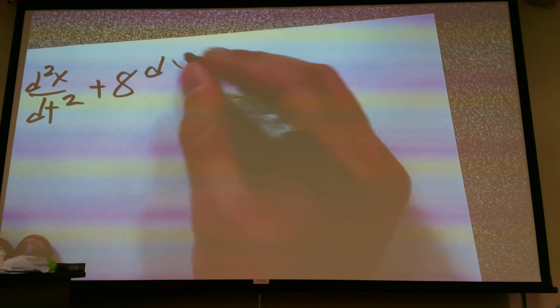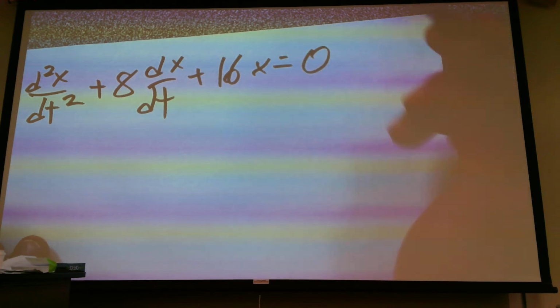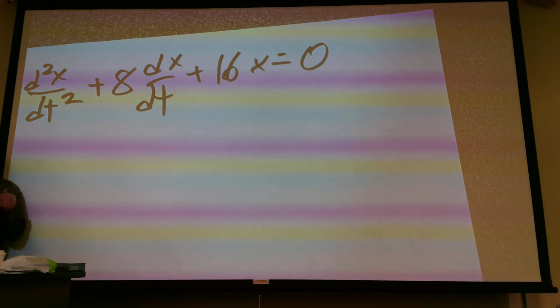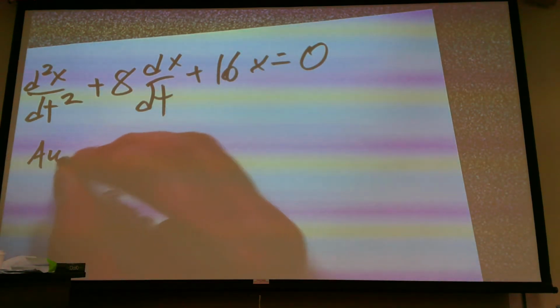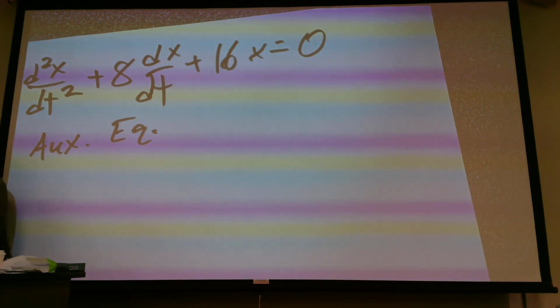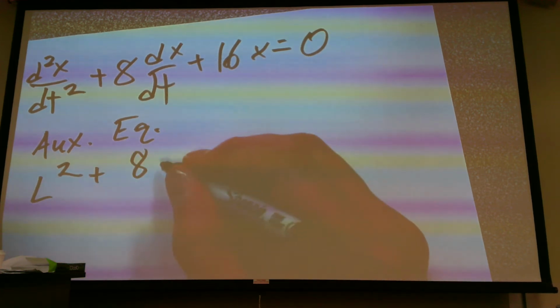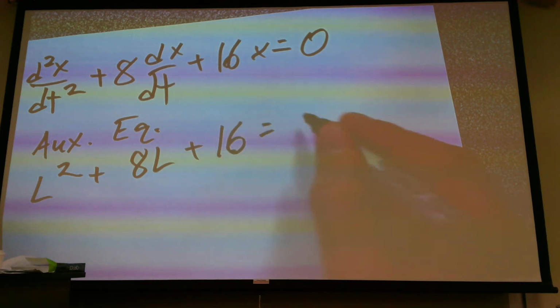Okay? So the equation that I eventually get to is the second derivative of x plus 8 dx/dt plus 16x is going to equal 0. All right. So now I can look at the auxiliary equation. And like I said before, we're just picking a letter. So it's going to be L squared plus 8L plus 16 equals 0.